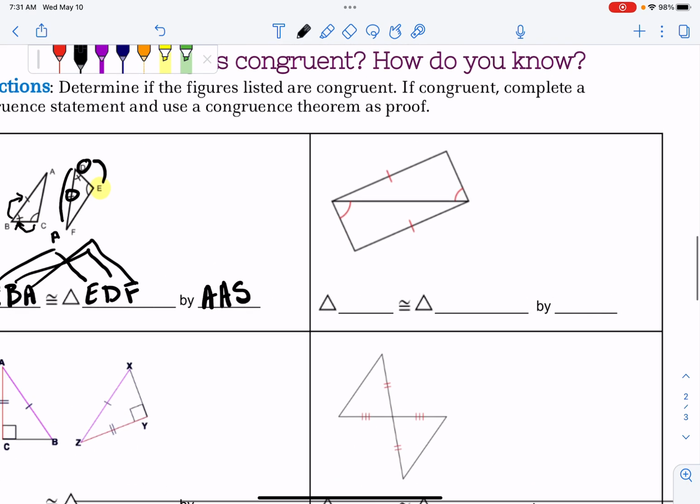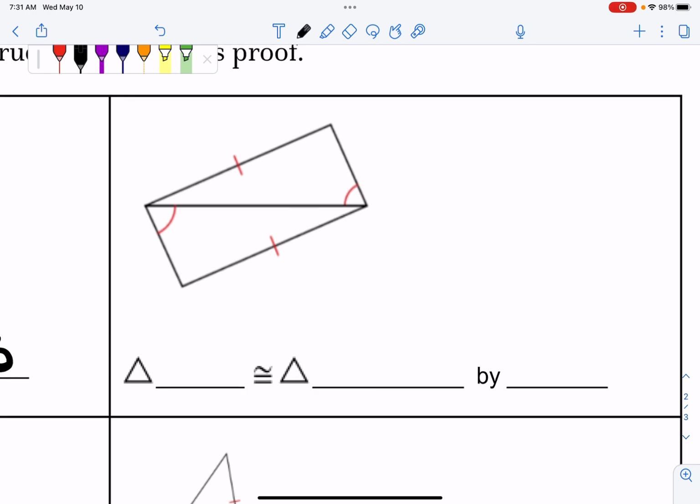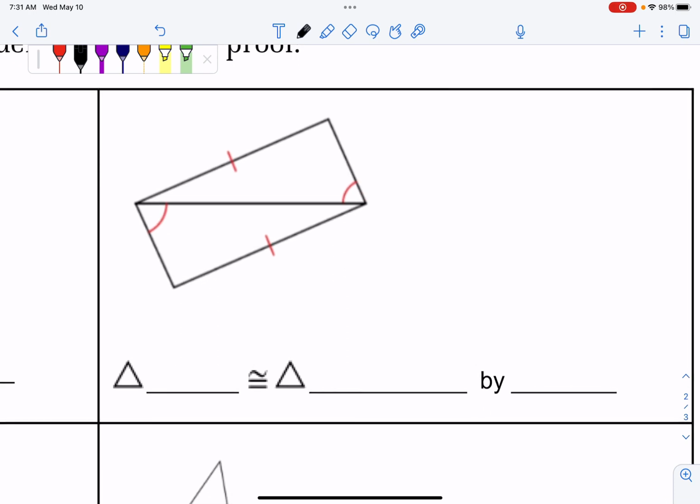All right, let's look at this next one and see what information we are given and what we can figure out on our own. So they told us that this side and this side are congruent. They also didn't label this at all, so I'm going to label this A, B, C, D. And so we also know that angle A is congruent to angle C. And that's only two pieces of information.